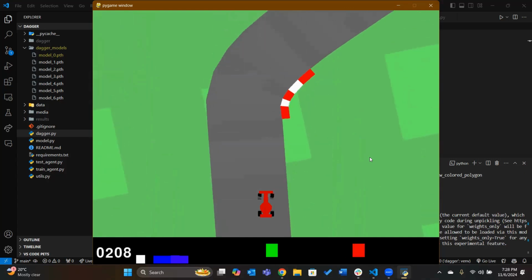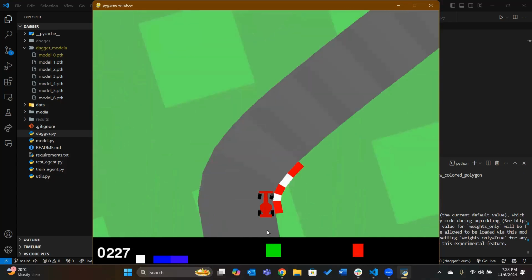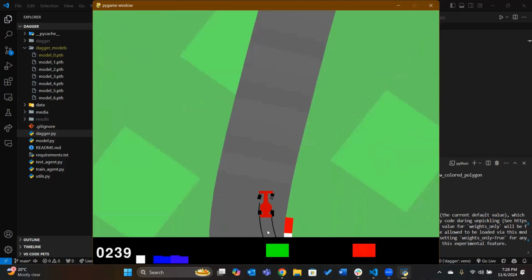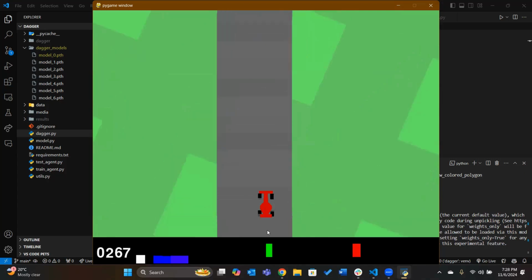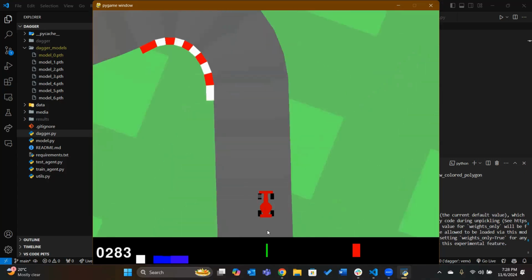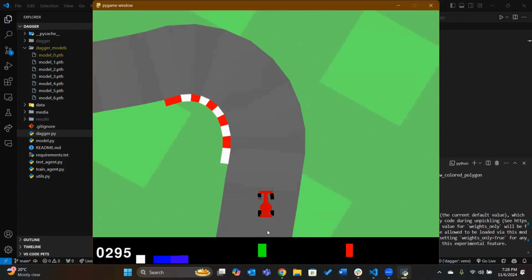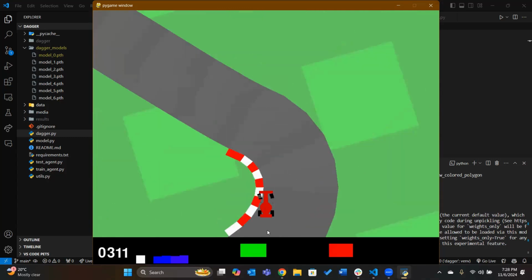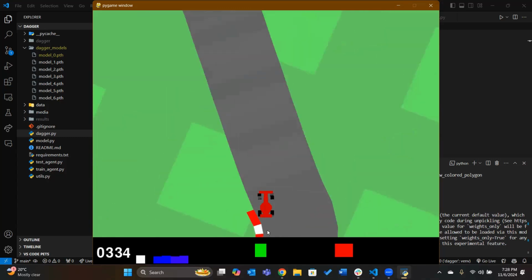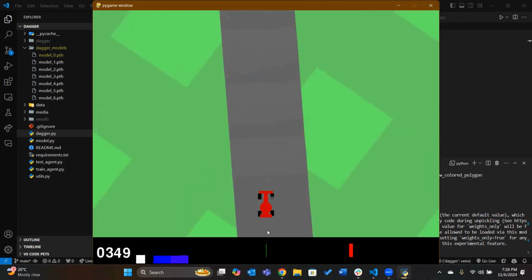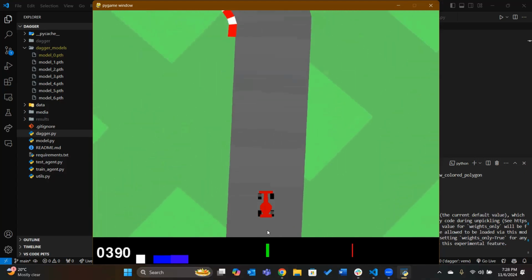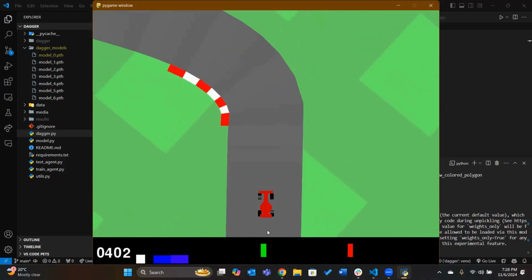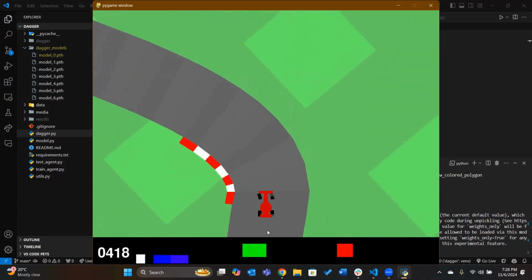the numbers on the side show how far you have gotten with the car, and the blue is the acceleration. So the car is going at full speed. The green and the red are how much you are turning left and right. If the wheel is turning left, then you see more green on the side, and if the wheel is more to the right, then you see more red.